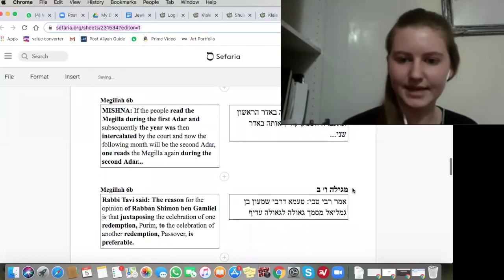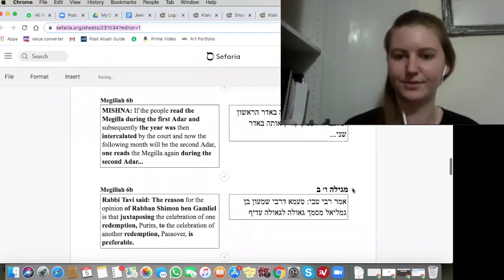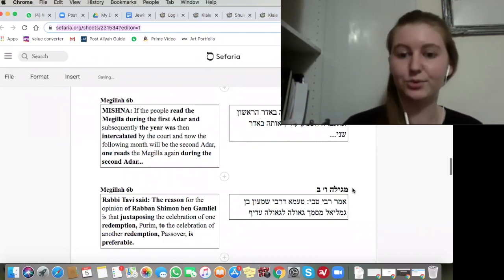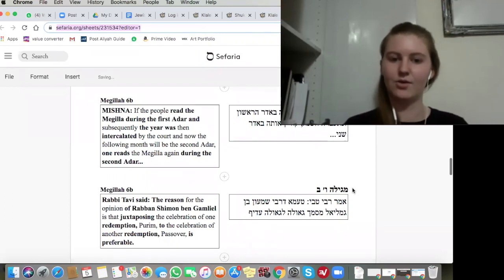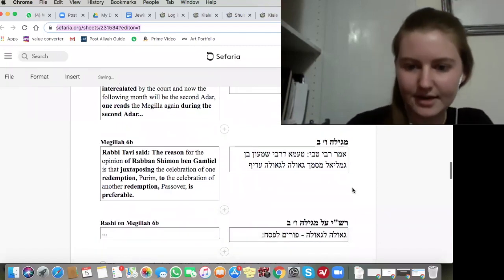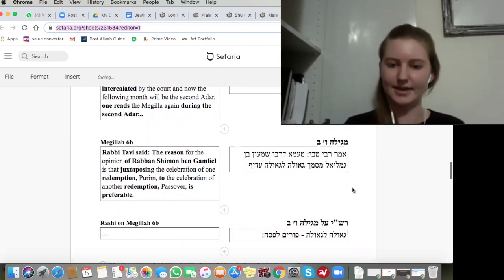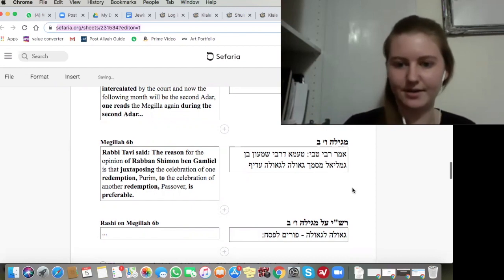So Rabbi Tavi says the reason of Rabban Shimon ben Gamliel, who's the one that said that we're going to read in Adar Sheni, is because we want to put redemption juxtaposed to redemption. So what are these two redemptions? Rashi helps us out: Purim l'Pesach. Since Pesach is in Nisan, we're going to want to do Purim in Adar Sheni because it's right before Nisan.